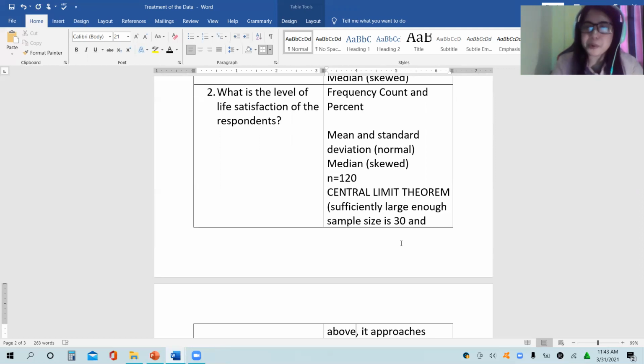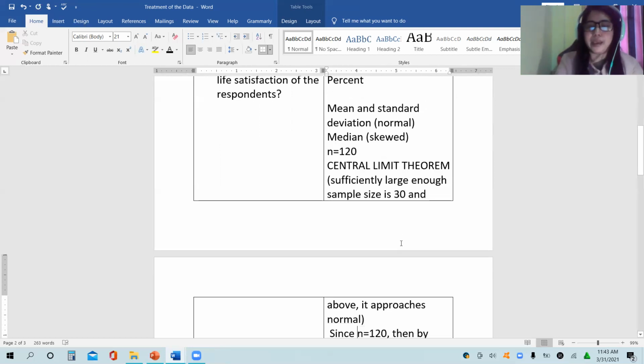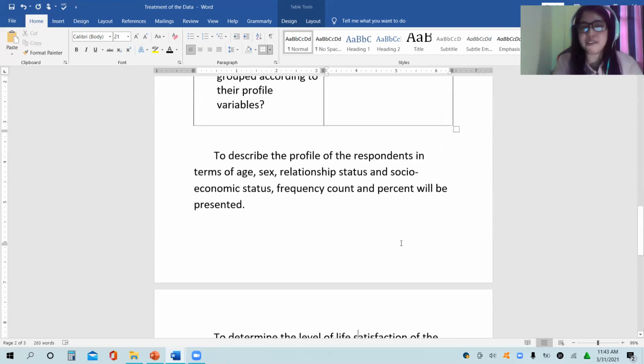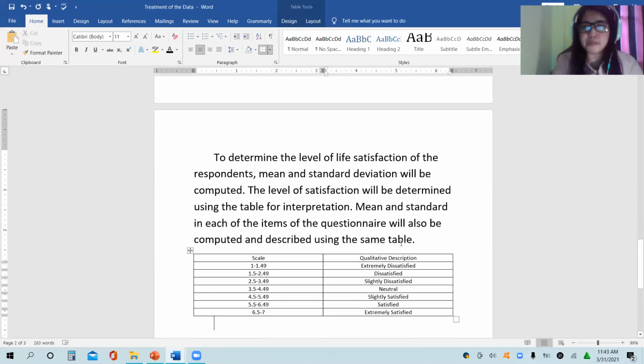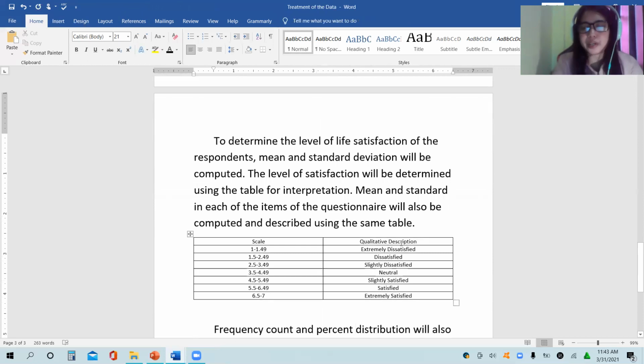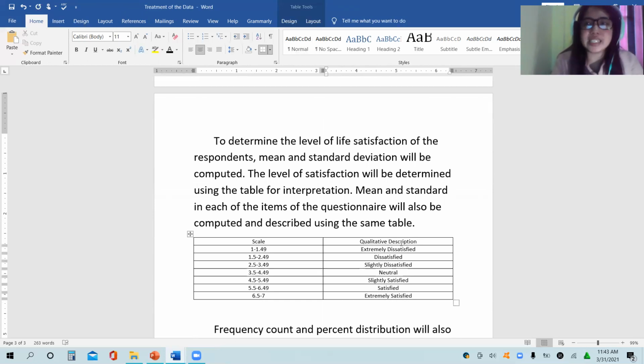Therefore, the appropriate measure is the mean. Therefore, it is safe now to say, as stated in our treatment of the data, that the appropriate is the mean and standard deviation because the number is 120, above 30.